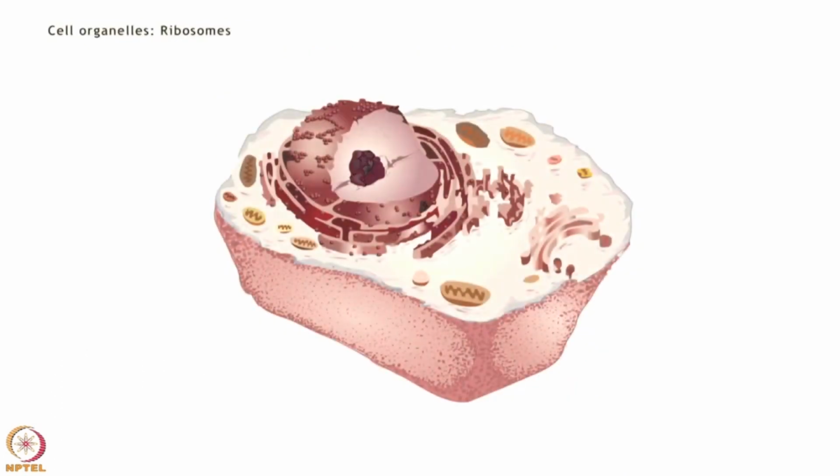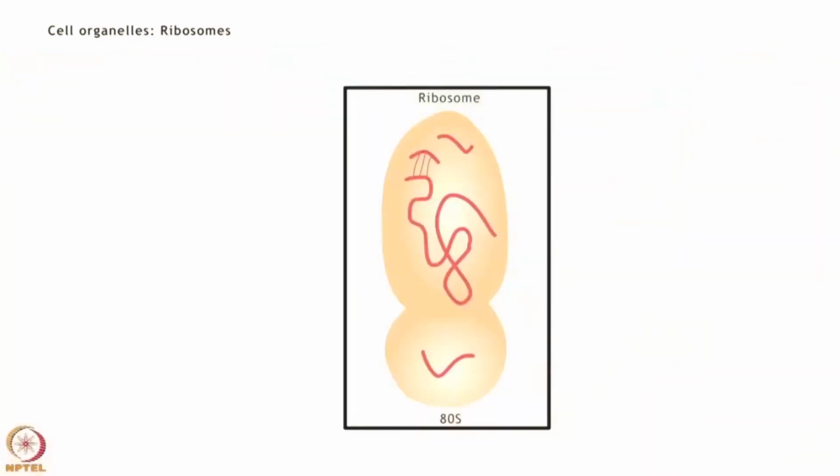Ribosomes, which are composed of proteins and ribonucleic acids (RNAs), play a central role in protein biosynthesis. They read the nucleic acid information from messenger RNA and convert this into the corresponding amino acid code of proteins.